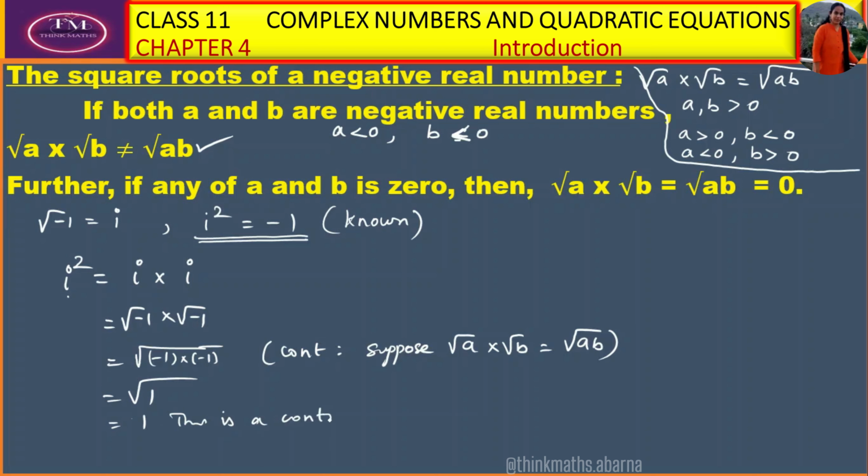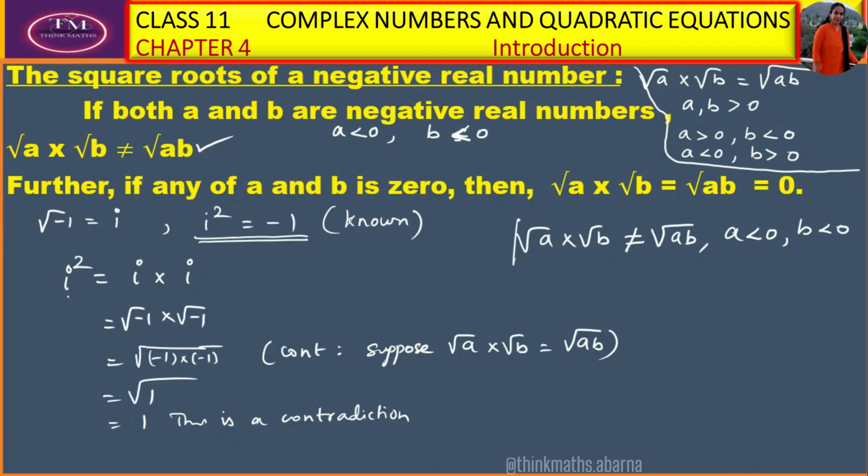Why did we get the contradiction? Because we assumed that root A into root B is equal to root AB for all types of numbers, even though they are negative. So root A into root B is not equal to root AB when A is negative and B is negative. Clear, children?